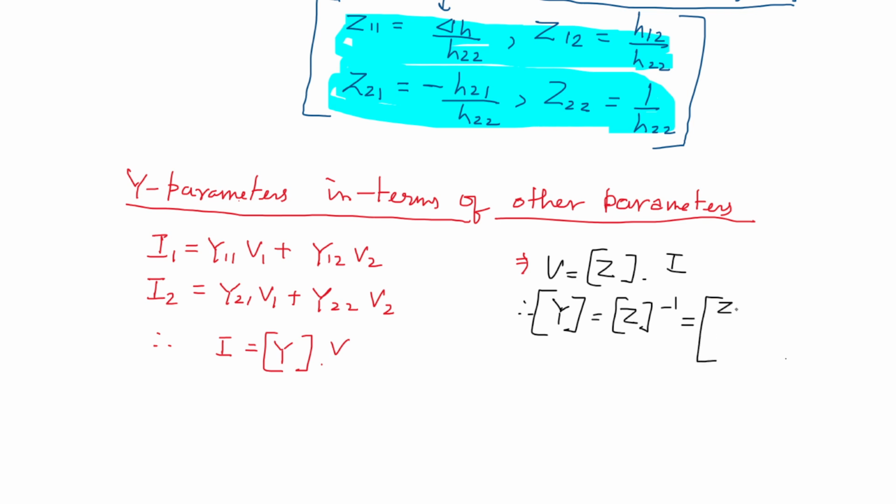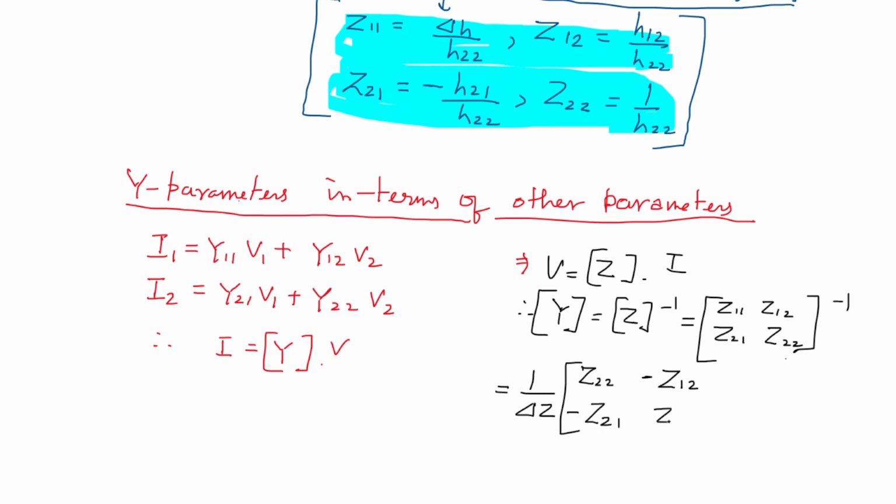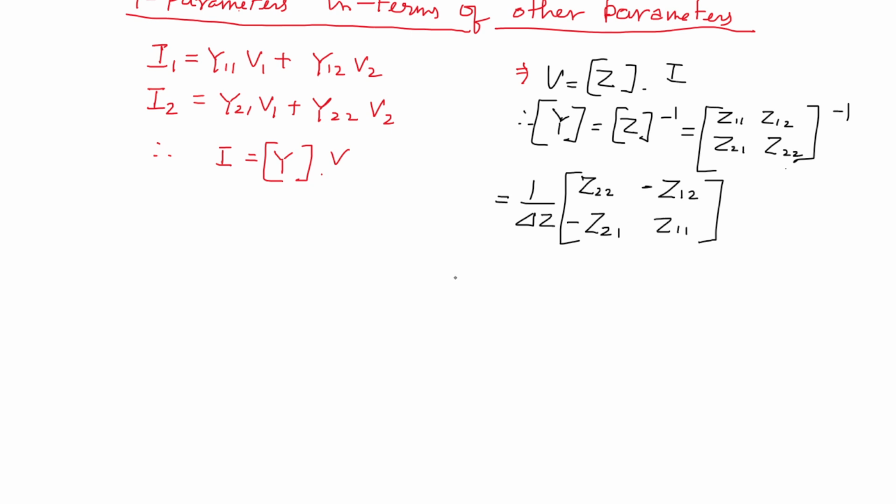So what is the Z matrix? Z11, Z12, Z21, Z22. Its inverse is equal to 1 by delta Z into Z22. Second element will be minus Z12, third element will be minus Z21, and fourth element will be Z11. What is delta Z? Delta Z is equal to Z11 into Z22 minus Z12 into Z21.